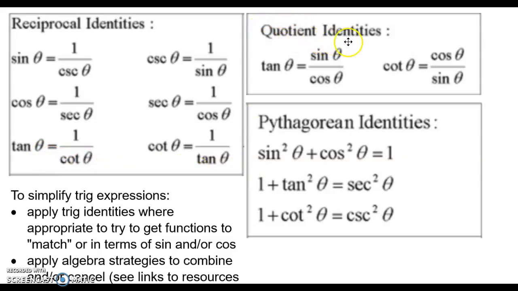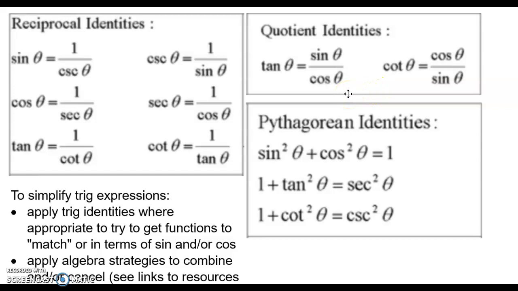We also have quotient identities, also known as ratio identities. These are basically saying that tangent and cotangent, which are reciprocals of each other, which we can see based on these fractions, are also equal to sine theta over cosine theta, or in the case of cotangent, cosine theta over sine theta.